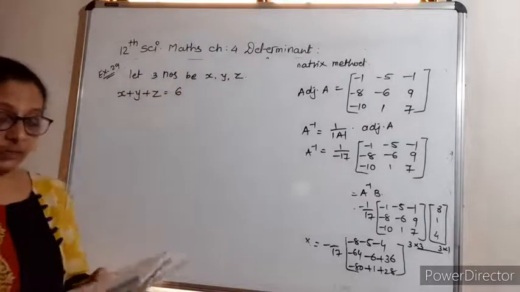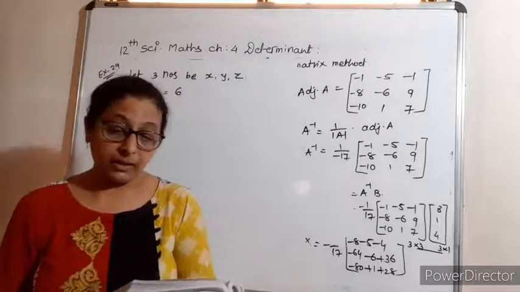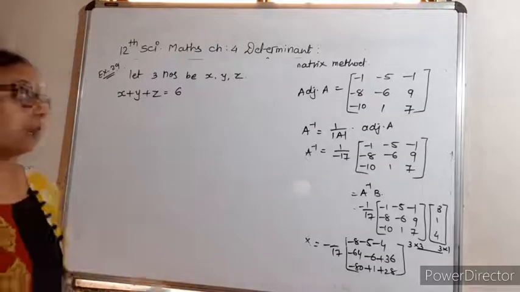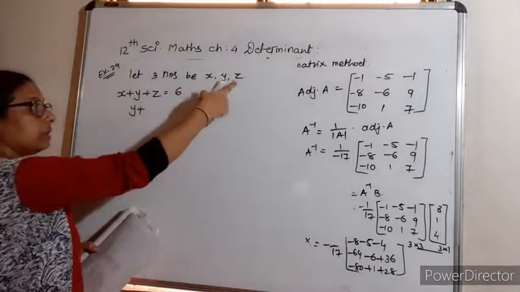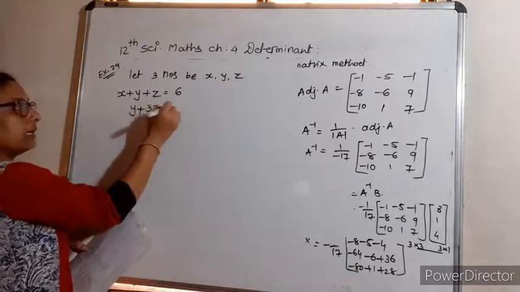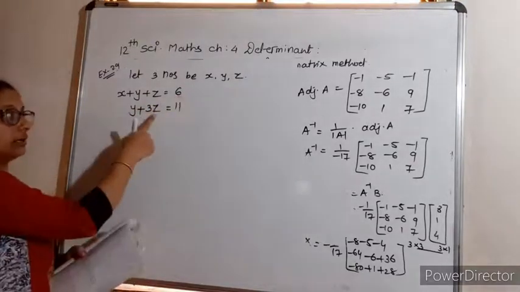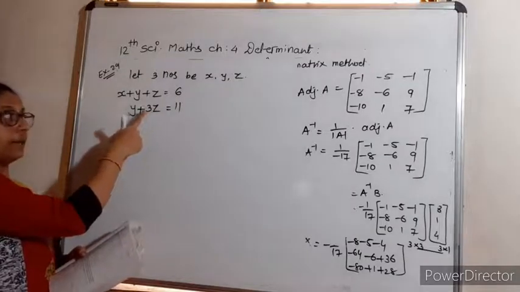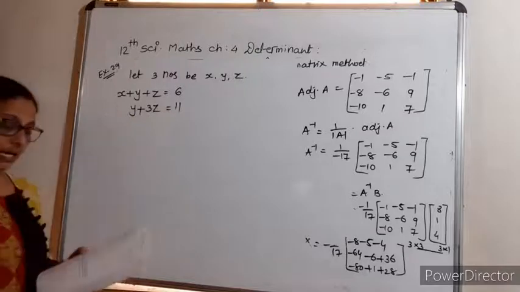That is our first equation. If we multiply the third number by 3 and add the second number to it, the third number multiplied by 3 is added to the second number, we get 11.